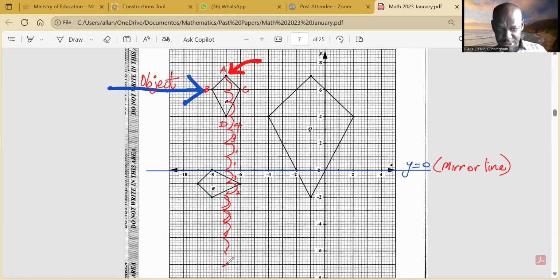So this point is here. That's A. So let's erase all the other things. Well, you all know where the mirror line is.